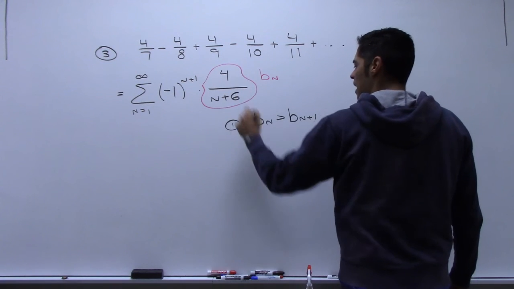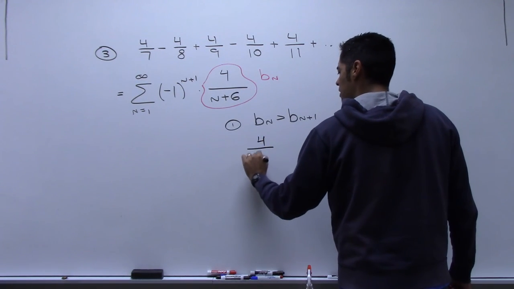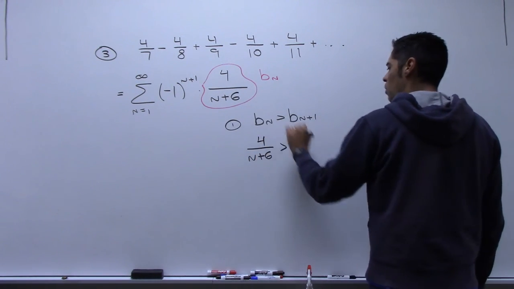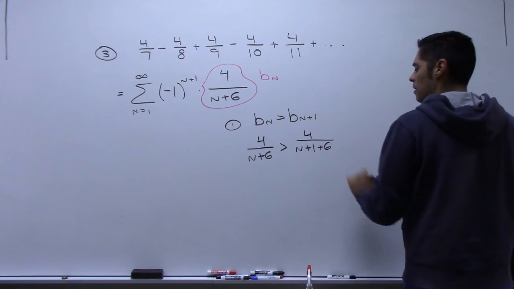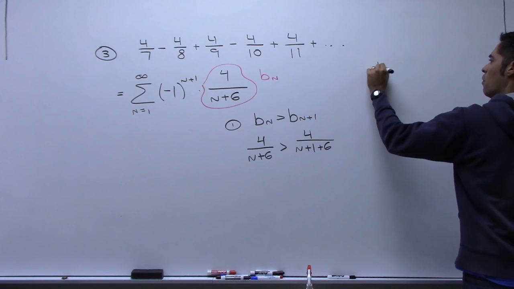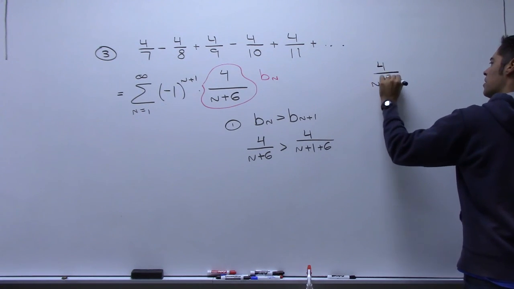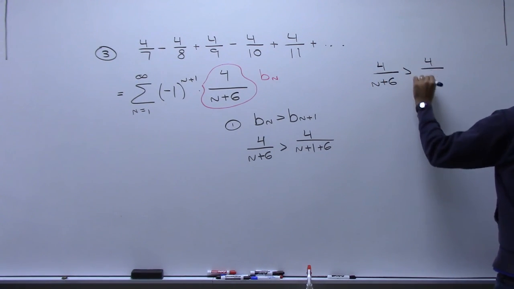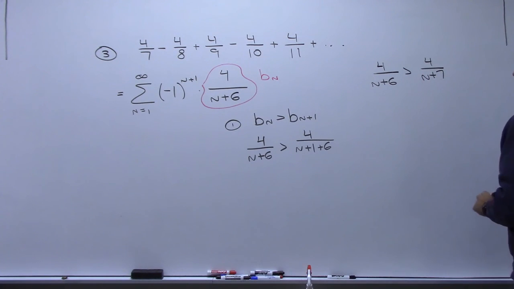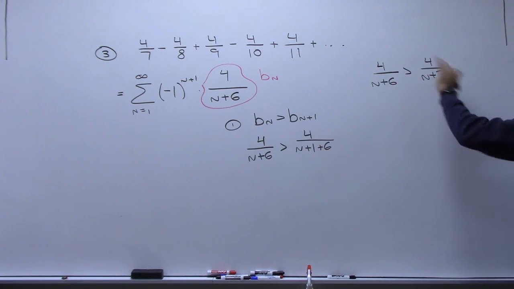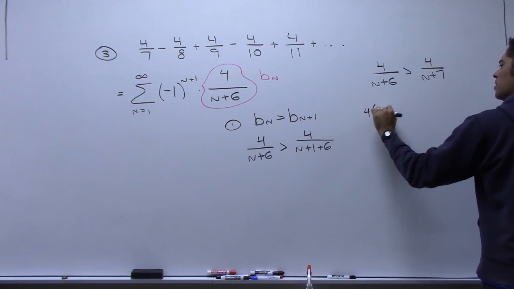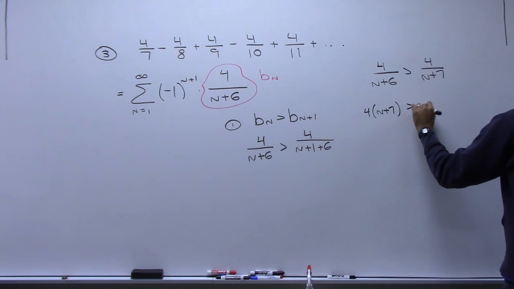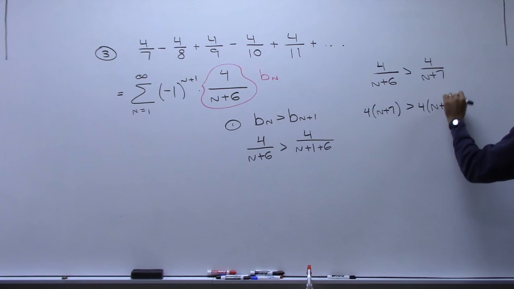Well, b sub n is 4 over n plus 6. b sub n plus 1 is 4 over n plus 1 plus 6. So that's really 4 over n plus 6 must be greater than 4 over n plus 7. And if I clean this up and move things around, I should get 4 times n plus 7 is greater than 4 times n plus 6.